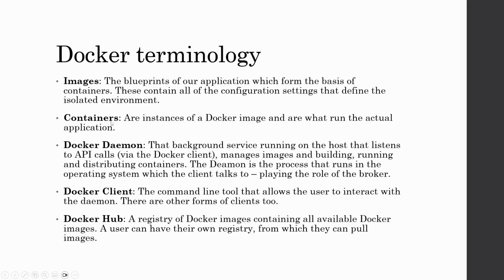Let's say I have an Ubuntu image. From this I can run 10 different containers, all different in operation, right? So images form the starting point and containers are the things which run with the help of images. Containers are actually writable, but whatever contents we write is volatile, so it will be destroyed after the container is destroyed.